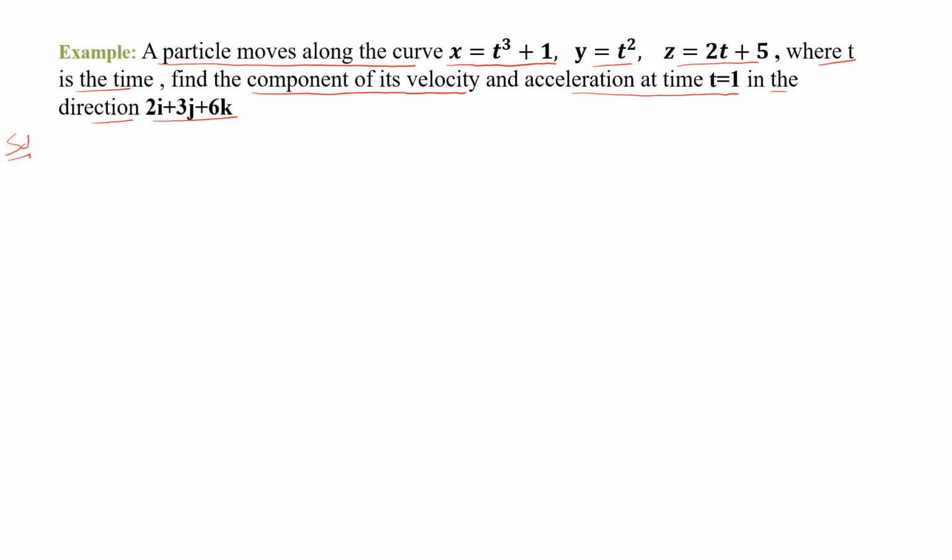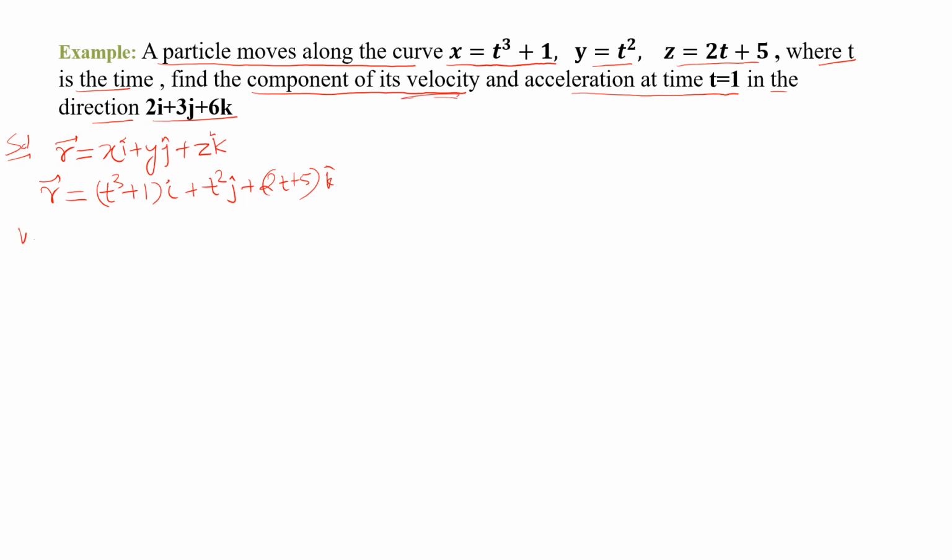First we write the vector function, that is xi plus yj plus zk, so we have r vector equal to (t cube plus 1)i plus t square j plus (2t plus 5)k.